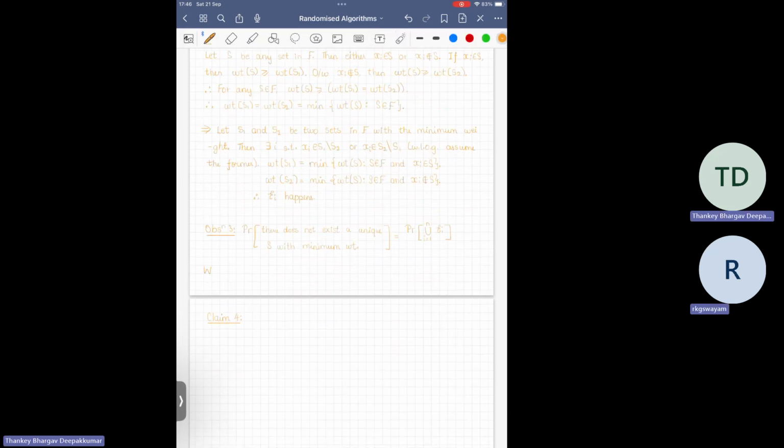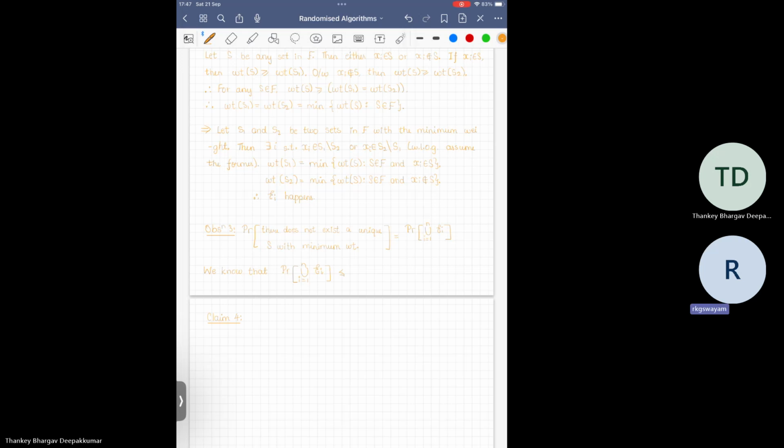And now we know that, so what upper bound do we know on this probability? So all the probabilities such that both S1 and S2 are the same.